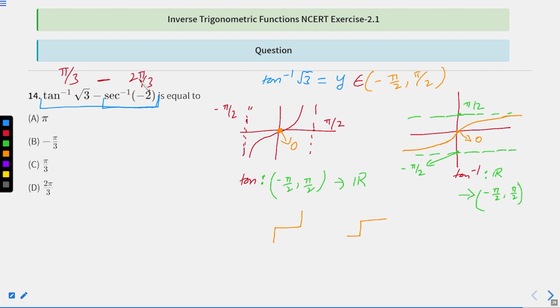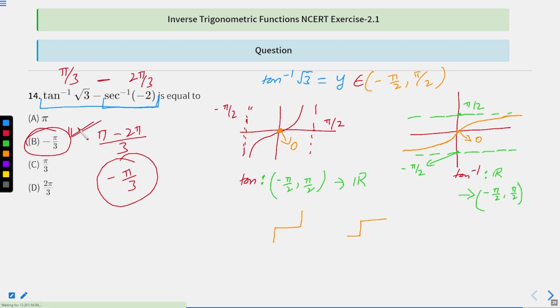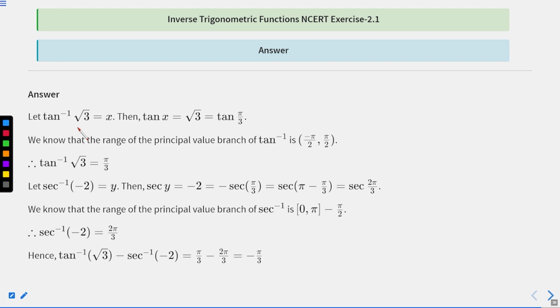Now subtract: pi minus 2 pi by 3. This means minus pi by 3. So option B will be the correct option, minus pi by 3, as you can see over here.